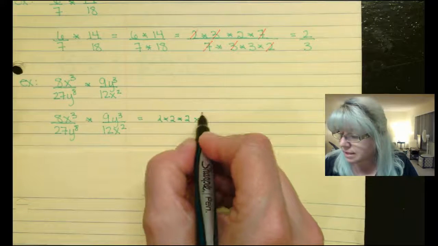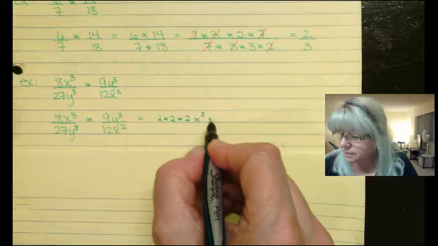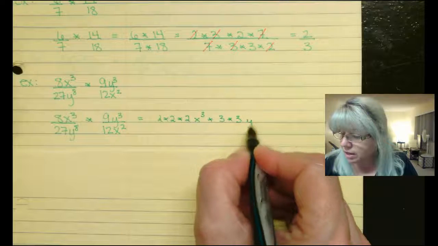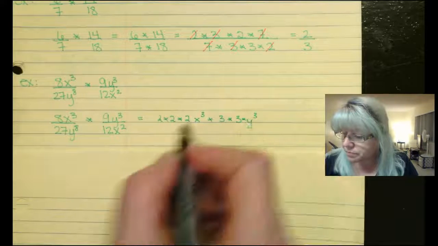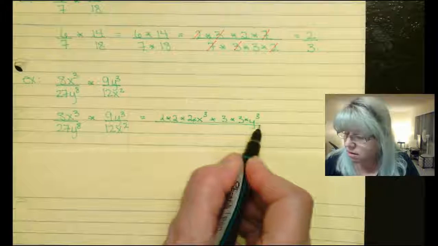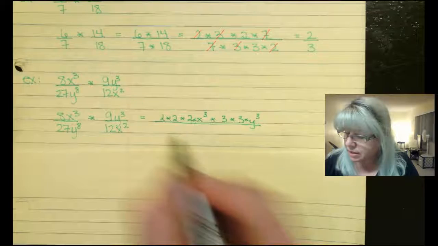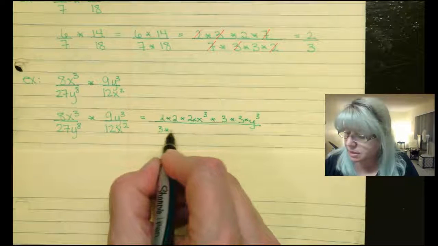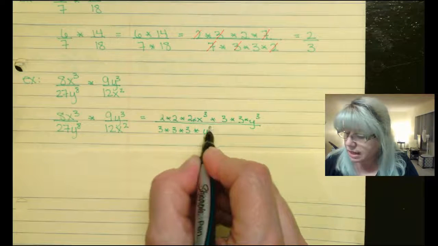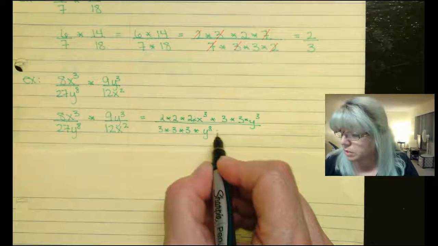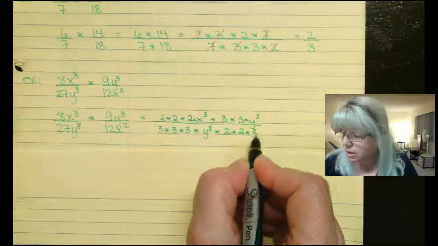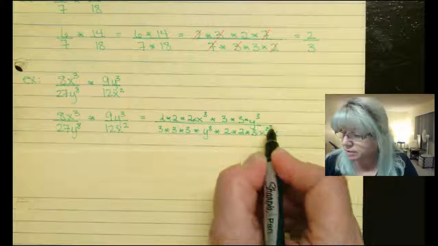I'm going to go ahead and leave it as x cubed. 9 is 3 times 3, and y is y cubed. Be consistent there. That is all over 27, which is 3 times 3 times 3 times y to the 8th. 12 is going to be 2 times 2 times 3 times x squared.